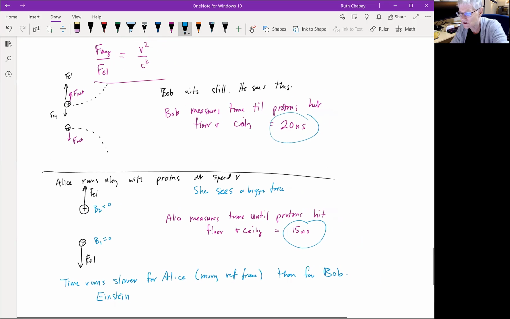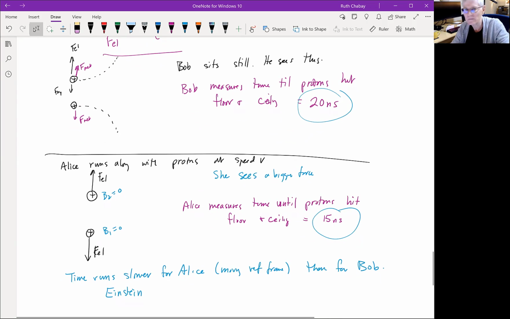So the laws of physics are the same. The forces are the same. Their effect on motion is the same. It's just that the time is running differently. So if Bob looks at Alice's watch as she runs by, he's going to say her watch is running more slowly than mine.